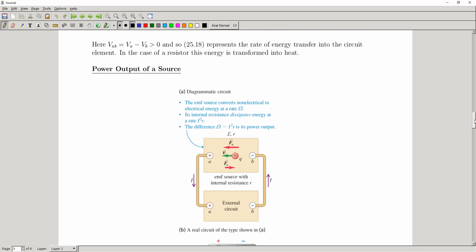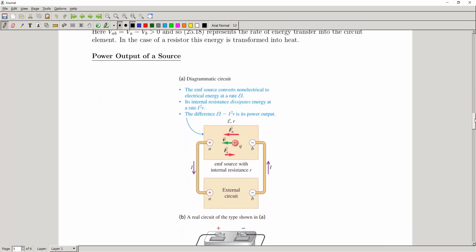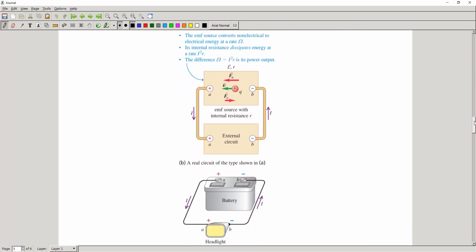And this just comes from this expression here. We have a small internal resistance to our battery or whatever, and so power is being dissipated at that rate, right? So the battery is heating up as a current is passing through it, and the difference between our EMF times I and our I squared R is the power output of our source.